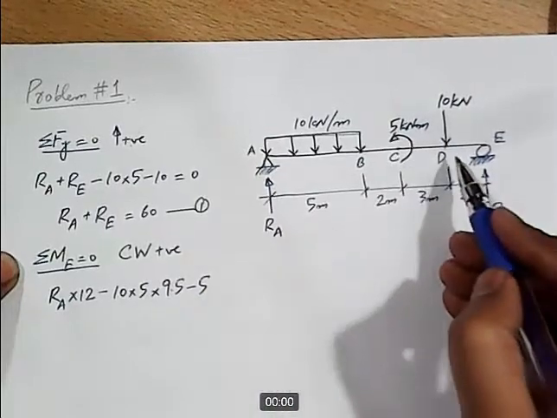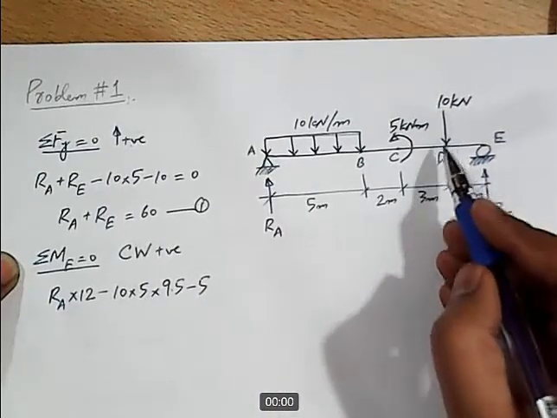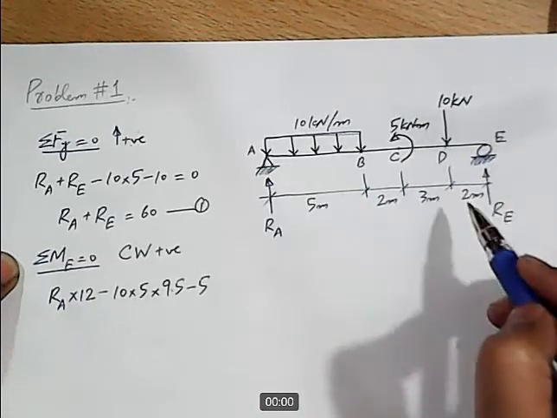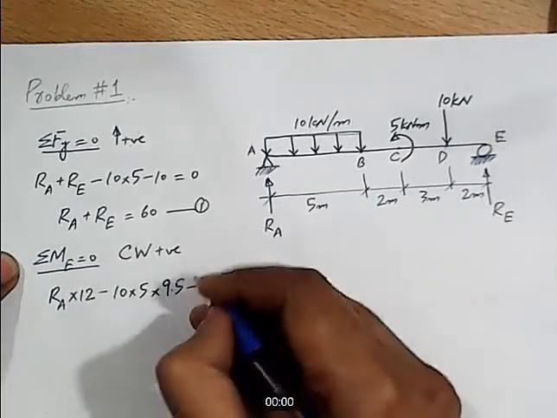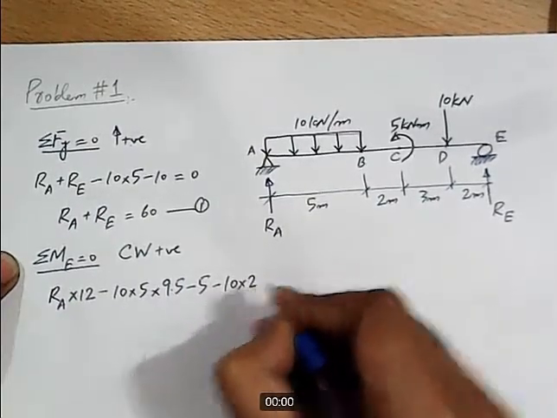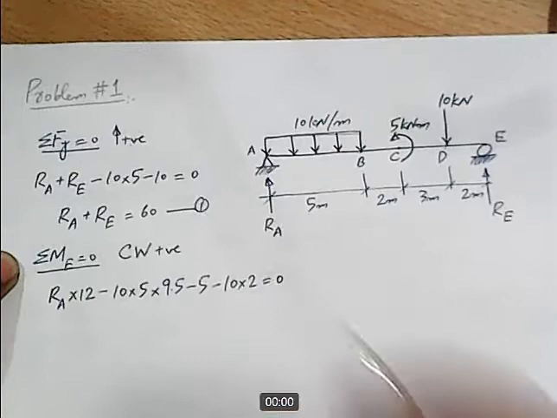The 10 kilonewton force also generates counterclockwise moment, so it is negative, minus 10 into 2, and this is equal to 0.